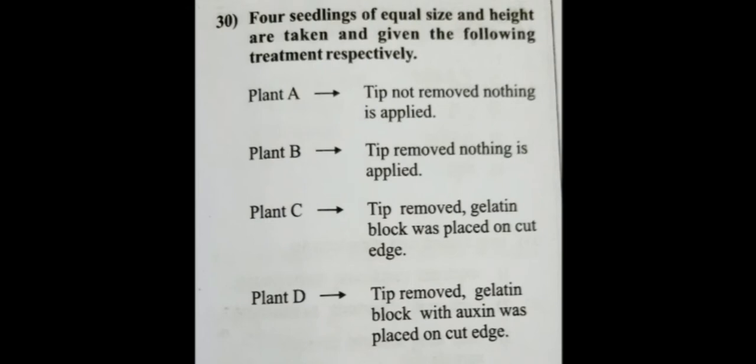Now, when you see the order of the growth of these plants, what will be the result? Plant A will grow naturally, is always better, and it takes a maximum height.